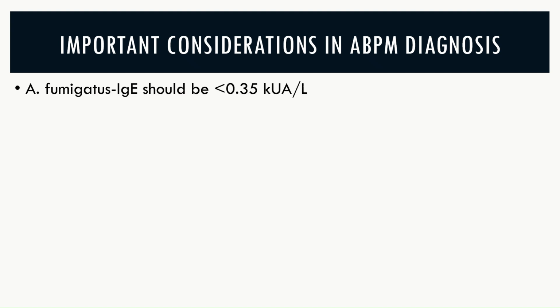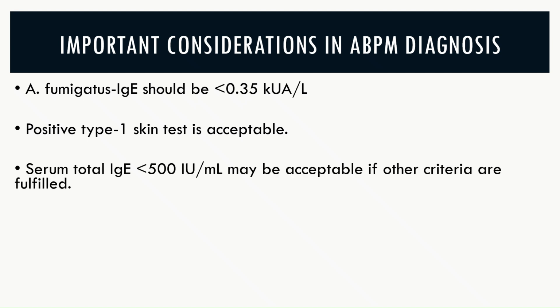Several important considerations also apply to the diagnosis of ABPM. Clinical features such as expectoration of mucus plugs, finger-in-glove appearance, and lung collapse may be seen. In ABPM, Aspergillus fumigatus specific IgE should be below 0.35 kilounits per liter. A positive type 1 skin test may support the diagnosis. Serum IgE less than 500 may still be acceptable if other clinical criteria are fulfilled.